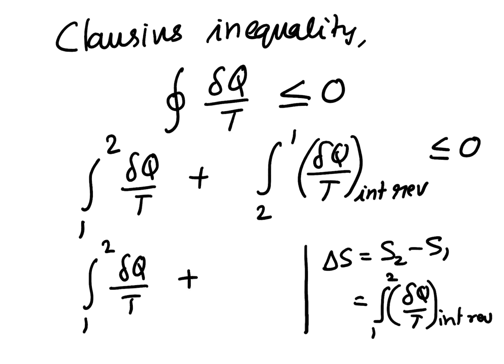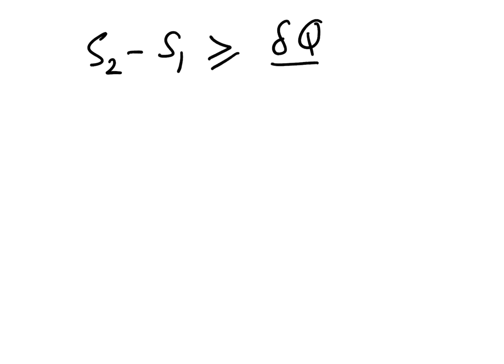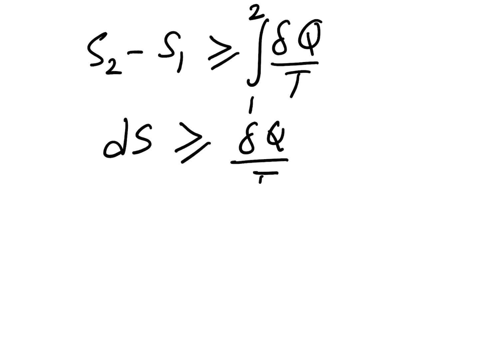By that notation, this would be S1 minus S2 less than or equal to 0. So further continuing, I'm going to write this: S2 minus S1 is more than or equal to delta q over T integrated from 1 to 2, or dS is greater than or equal to delta q over T.